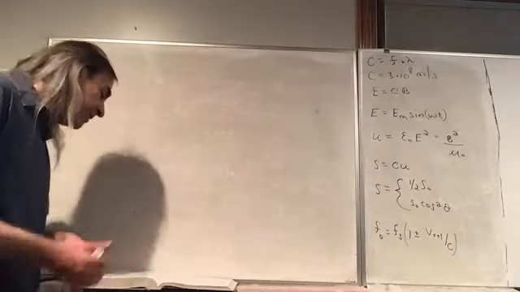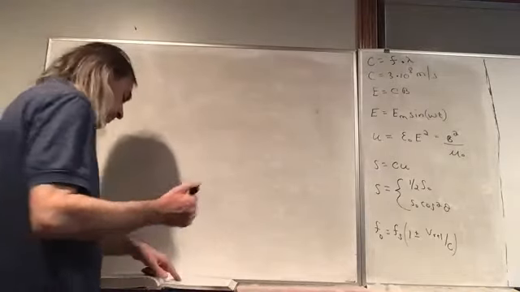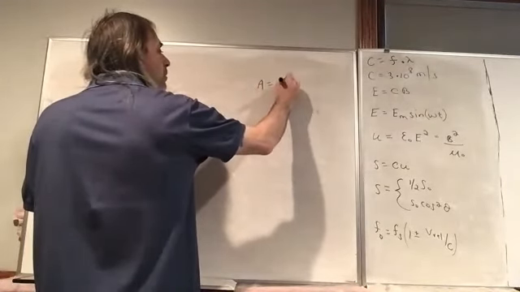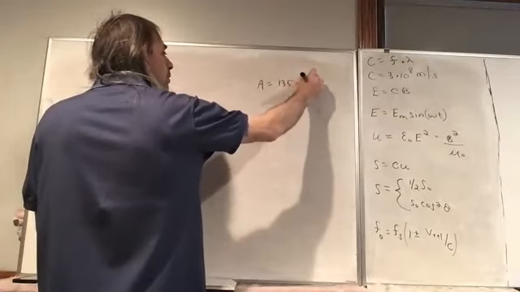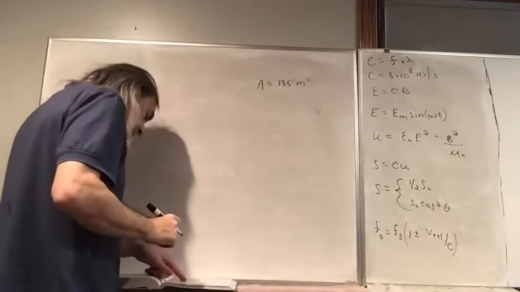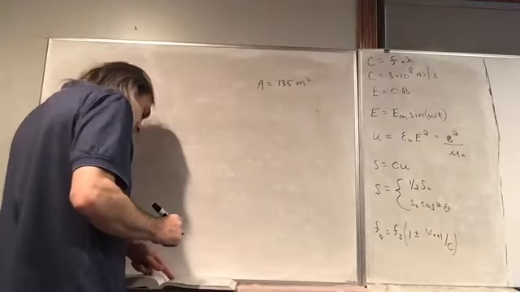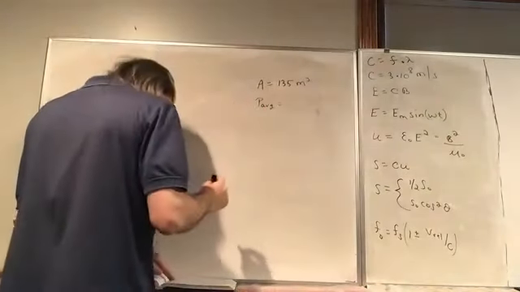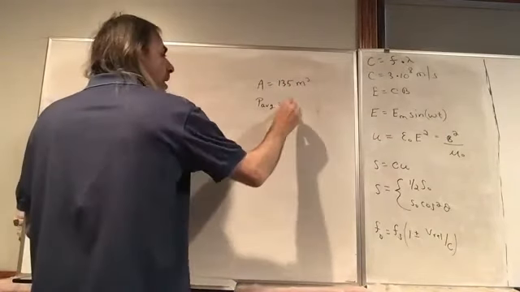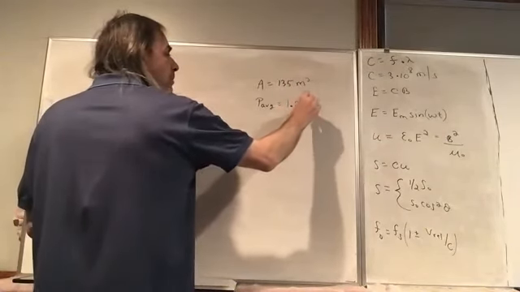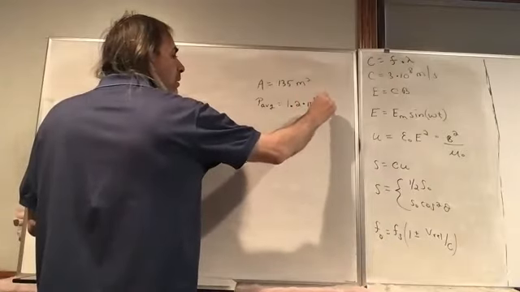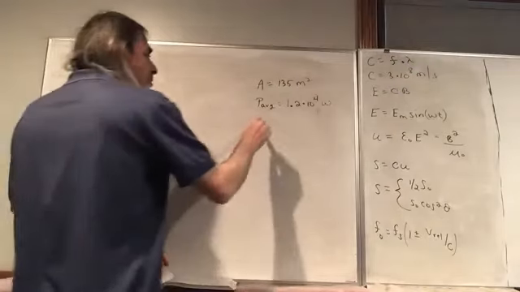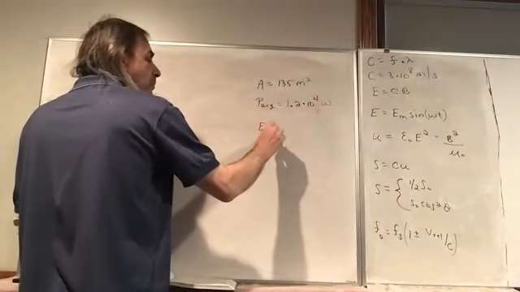The beam has a cross-section area of 135 meters squared and transmits an average power of 1.2 times 10 to the fourth power watts. So what is the RMS value of the electric and magnetic fields?